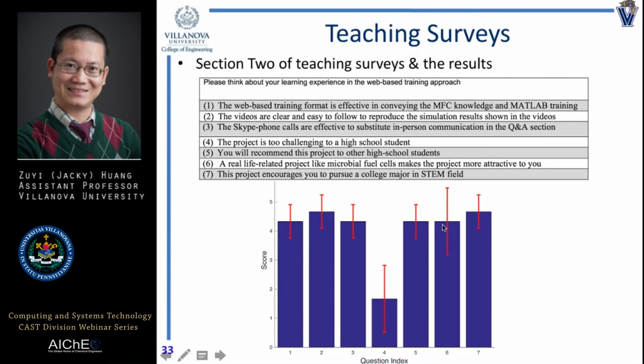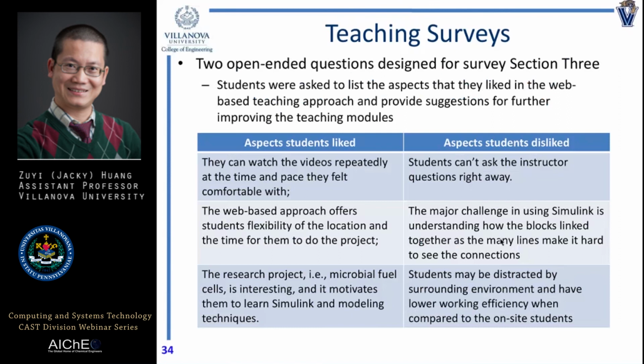Number 6 is that the microbial cell project is very interesting and helps them stay in this project. And number 7 is that this project helps students stay in the STEM field. Actually, all the students picked a STEM field major after they finished the project.